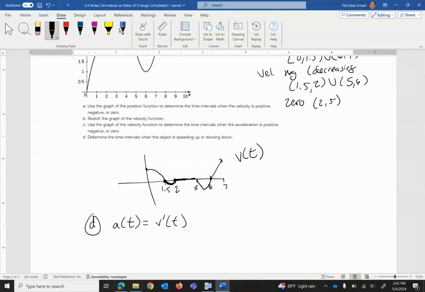So we know v of t is not changing. The acceleration, the derivative of velocity, is 0 somewhere in between 1.5 and 2. It's 0 from 2 to 5. And then it would be 0 again at about 5.5.